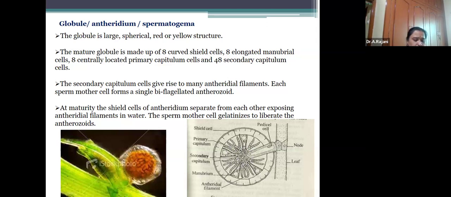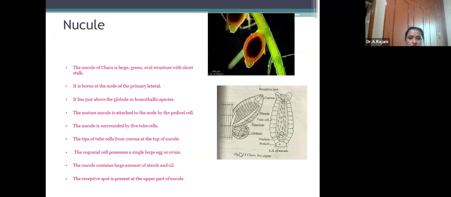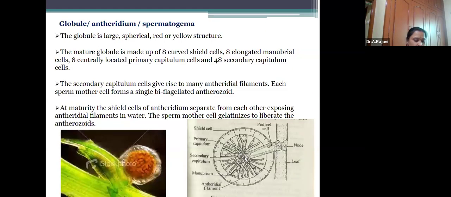Each secondary capitulum cell produces a pair of long unbranched spermatogenous filaments. Each filament consists of up to 200 cells.